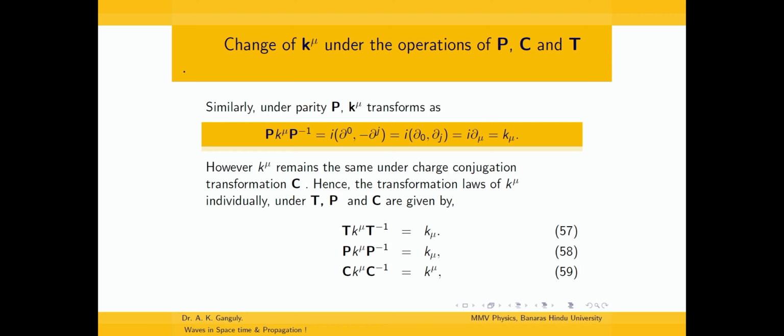So, under parity transformation, the contravariant wave vector becomes a covariant wave vector, and under charge conjugation nothing happens to k, it remains inert. So, the contravariant wave vector remains a contravariant wave vector.